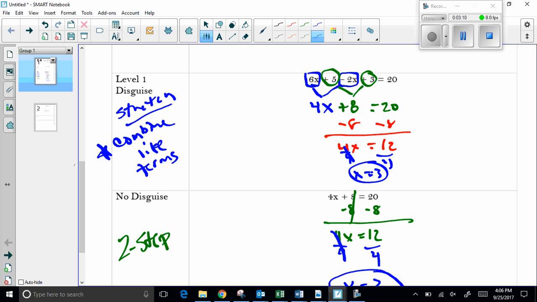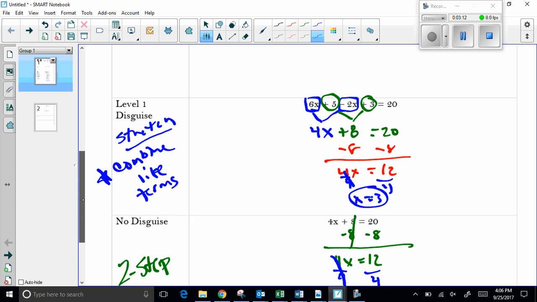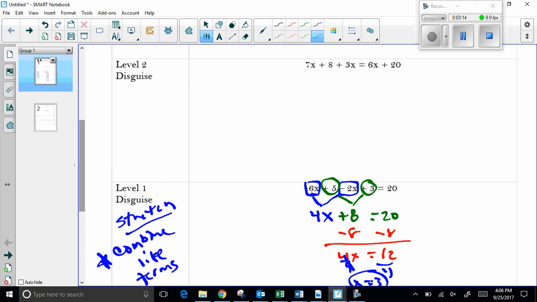All right. Well, we're going to up the ante a little bit. I'm going to move up to the next one. In this next one, we're going to have to combine like terms. It's stretched out. I see this 7x and this 3x over here, and here's the equal sign. But on the other side, there's a variable as well.